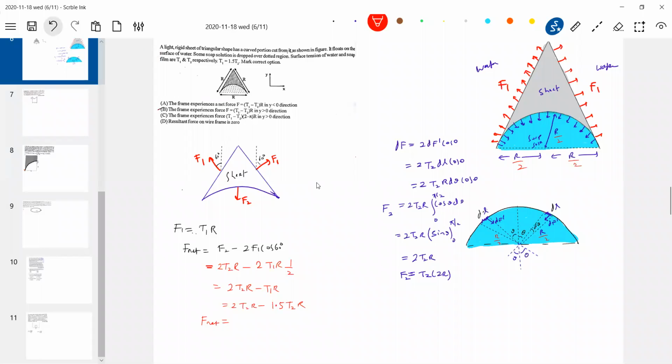I'll do one thing. I'll make the smaller one so that it'll be easy for us to think. Replacement will be easy for us. Smaller r is now r by 2.